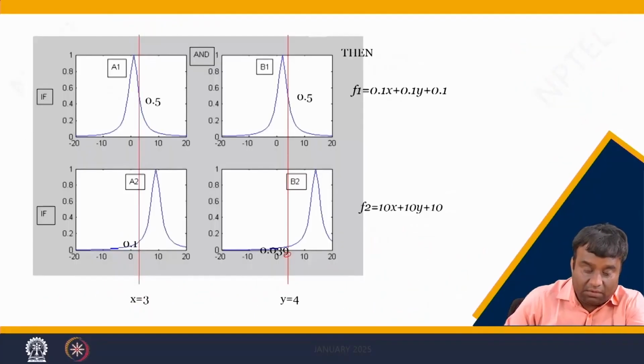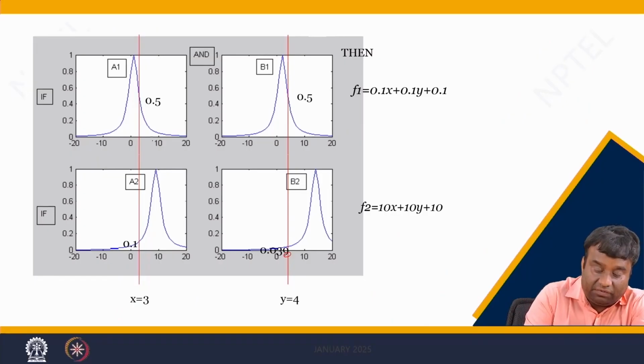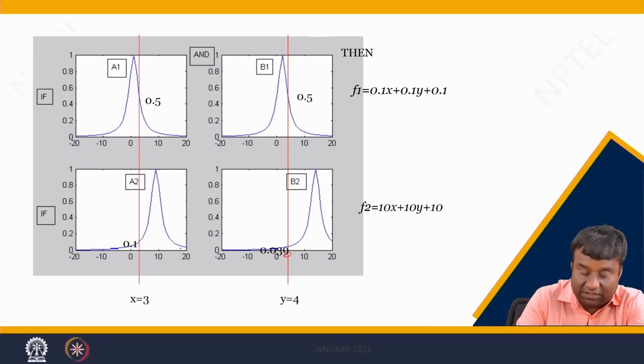So that is A1 fuzzy set, this is A2 fuzzy set, B1 fuzzy set, B2 fuzzy set. So here x equal to 3 is given, membership value 0.1 for A2. For A1 it is 0.5, for B1 it is 0.5, for B2 it is 0.038.